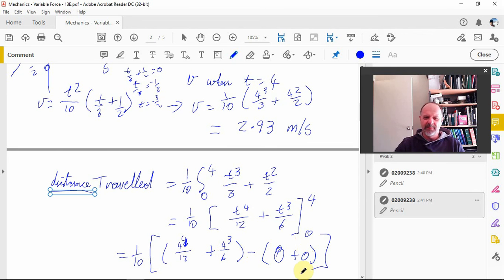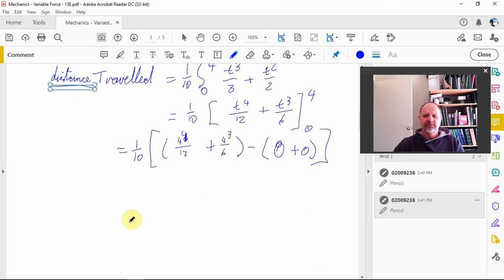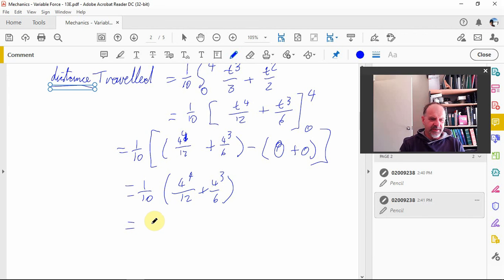So we don't need to worry about that bit, because that's going to be 0. So in the end, we've got 1/10 of 4 to the 4 on 12 plus 4 to the 3 on 6. And according to my notes, when you get your calculator and work that out, you get 3.2 metres.